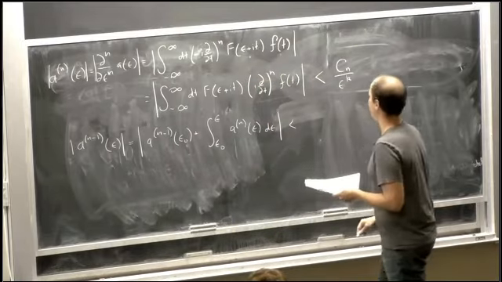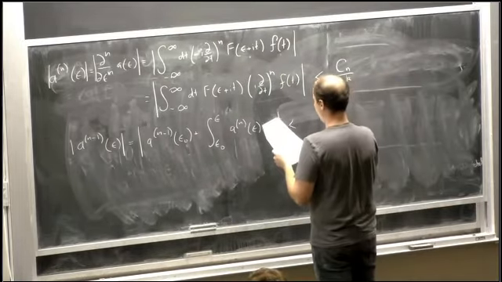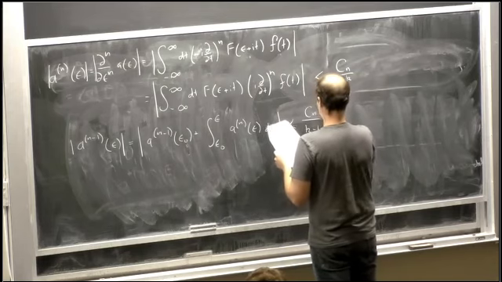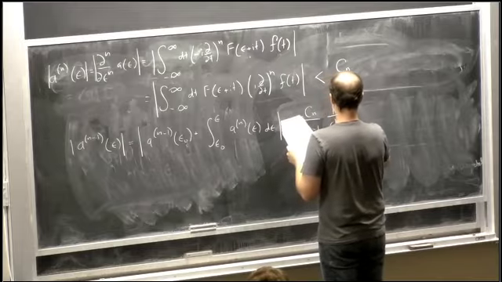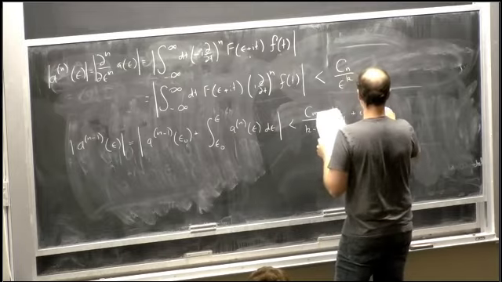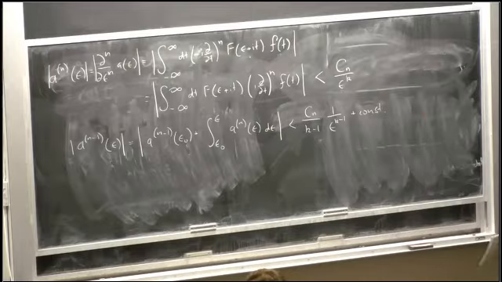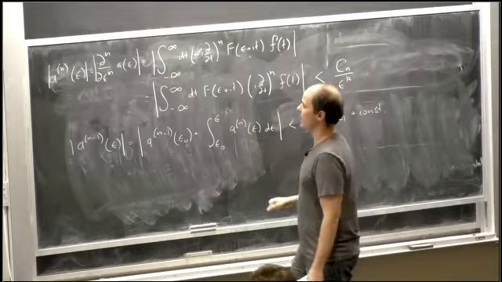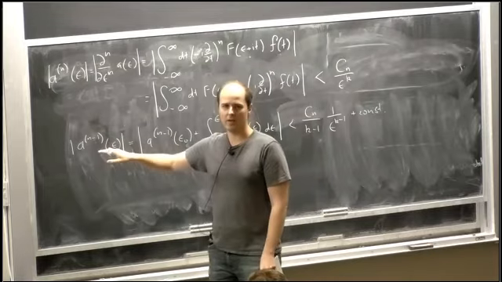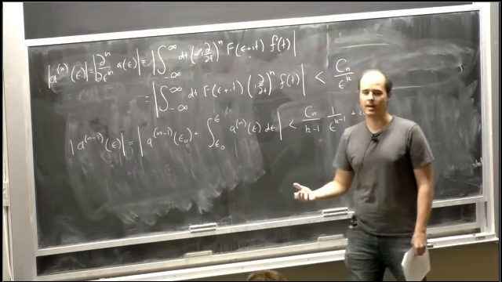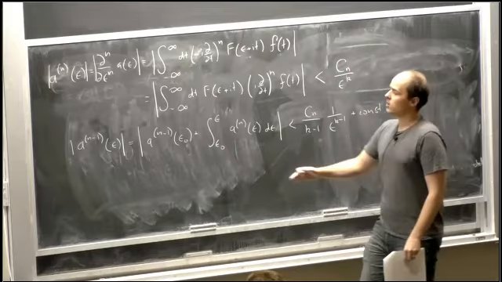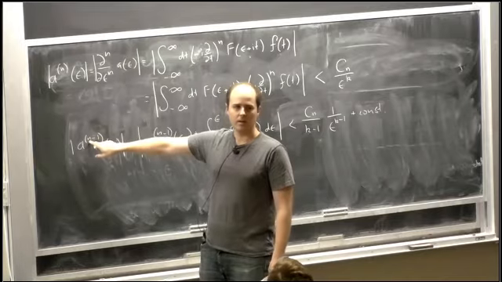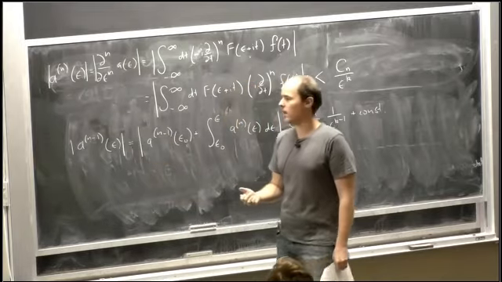And this is bounded by the integral of this, but the integral of this only has a 1 over epsilon to the k minus 1 divergence. And so you can repeat this argument and show that by decreasing the derivative order of A, you decrease the degree of divergence in epsilon. And so if you start this argument with a very large value of n, much bigger than k, then you'll show that A of epsilon is finite.